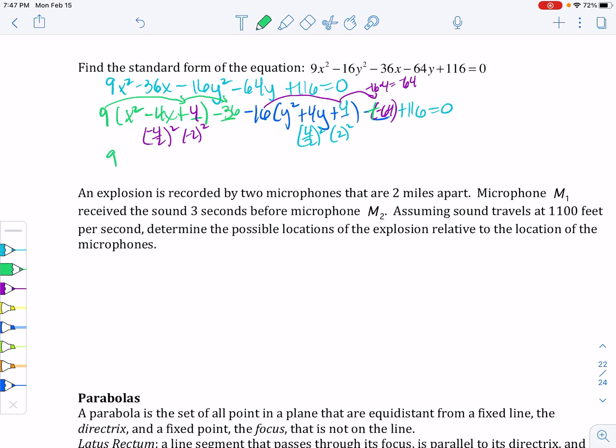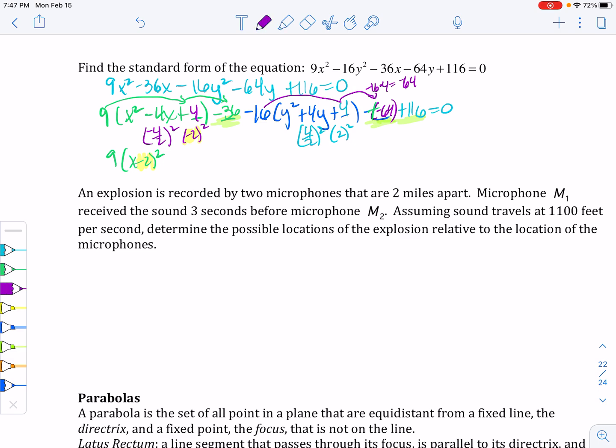So our 9 stays factored out in front. We get x minus 2 quantity squared. Remember, it's the thing before you square it, or you are factoring this part, so what multiplies to 4 and adds to negative 4. I'm going to hold on the minus 36, and I'm going to combine that with our 64 and 116.